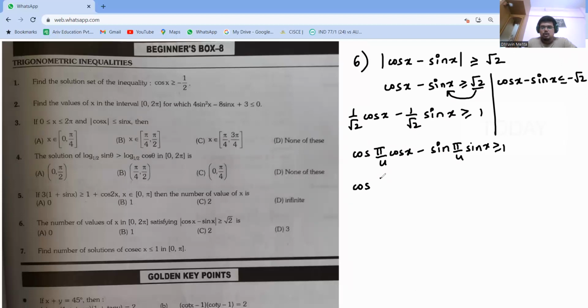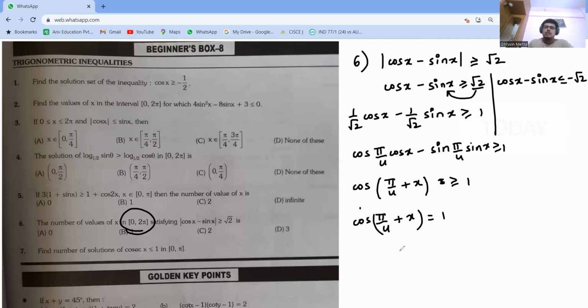We can now write this as cos of pi by 4 plus x is greater than equal to 1. 0 to 2 pi में चाहिए ना हमें. Now you have to understand, guys, this is possible only when cos of pi by 4 plus x is equal to 1, because it can't be greater than 1. So now you have to find all those values of x for which cos of pi by 4 plus x will be equal to 1.